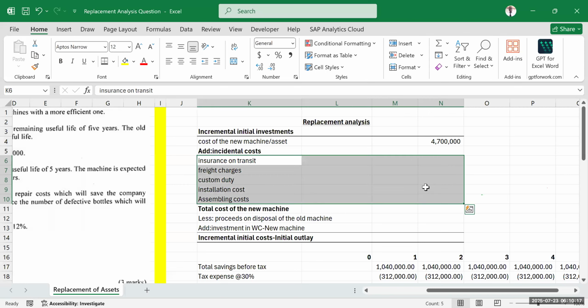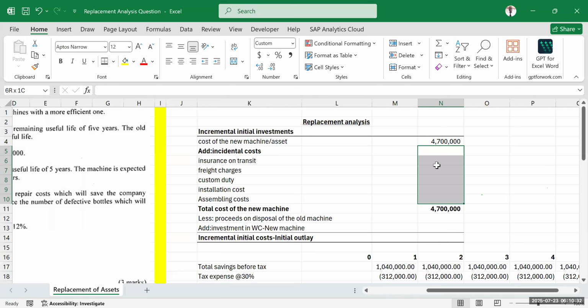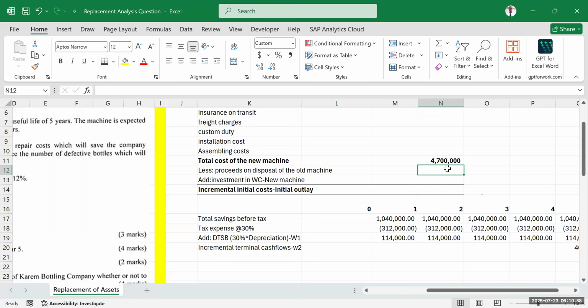Then we ask ourselves about this part on the old machine. Remember, this will give us the total cost of the new machine, which is the net effect of all this. In case there are adjustments, it will affect this value. But now, this old machine that we want to replace, when we sell it, how much are we getting? Proceeds on disposal of the old machine.